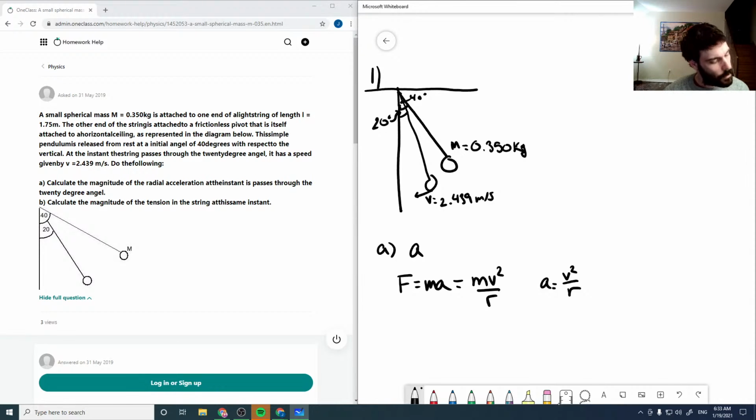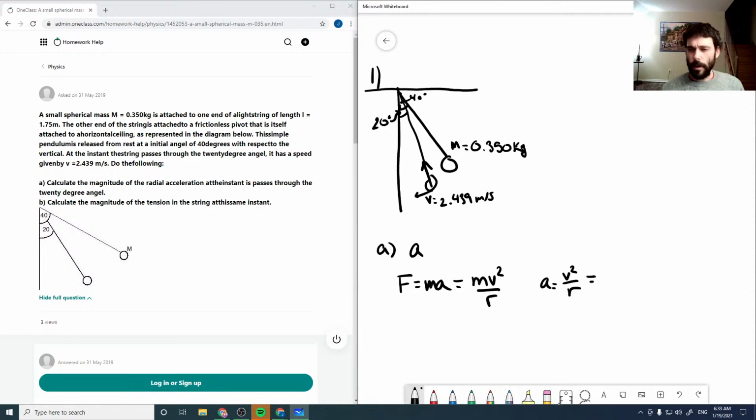So A here is our radial acceleration, which is related to our tangential velocity, which is what's given in the question here.